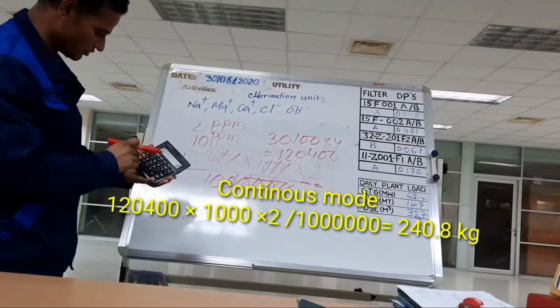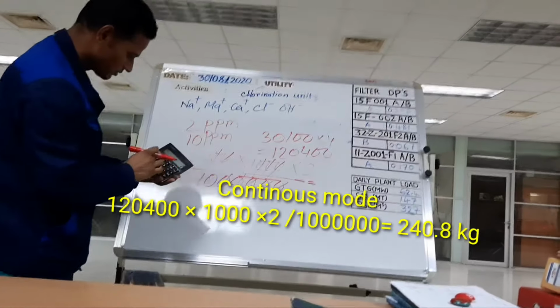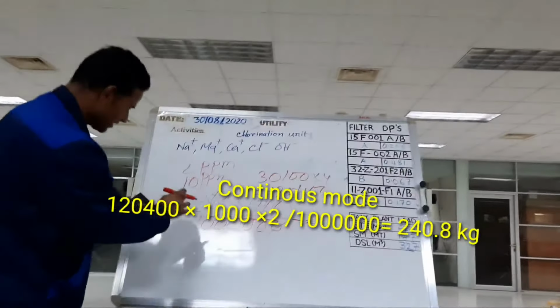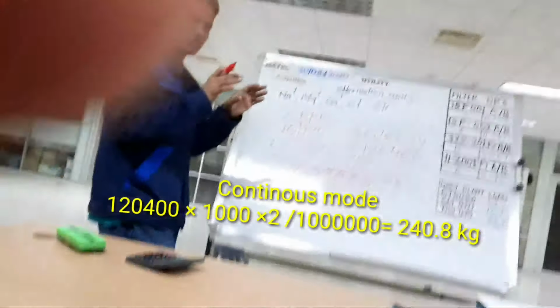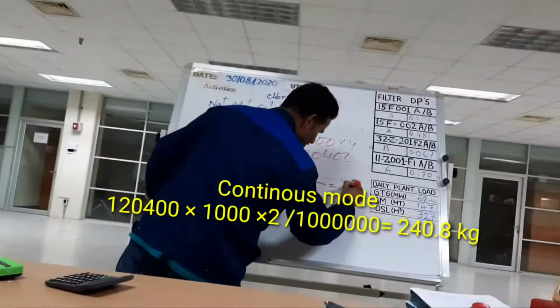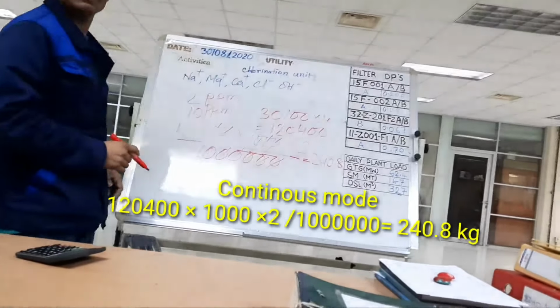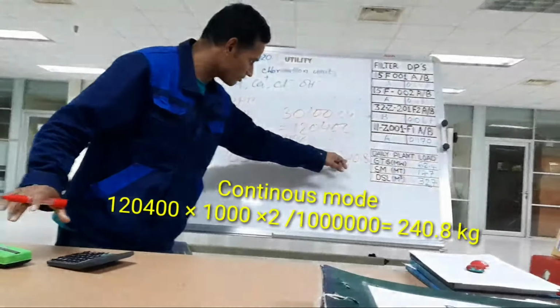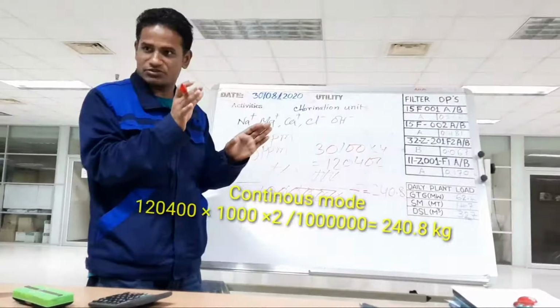Now 1204 multiply by 2, divided by 10, gives 240.8. In continuous mode we produce 240.8 kg per hour at 100% load.